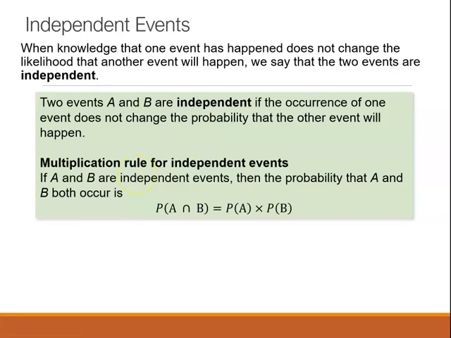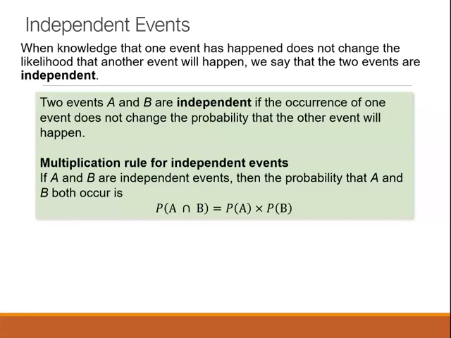So if I want to calculate the probability of an intersection, if the events are independent, it's just going to be the probability of the first event times the probability of the second event. So if I wanted to find the probability of flipping a coin and getting heads 2 consecutive times, well, the probability of getting heads the first time is 0.5.